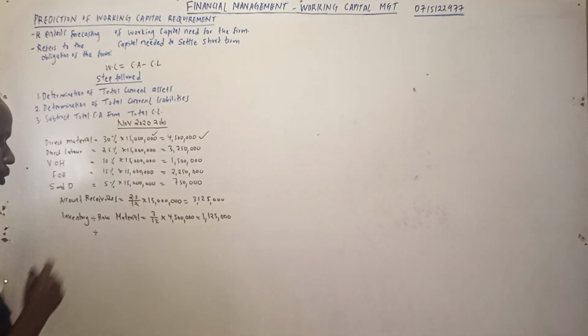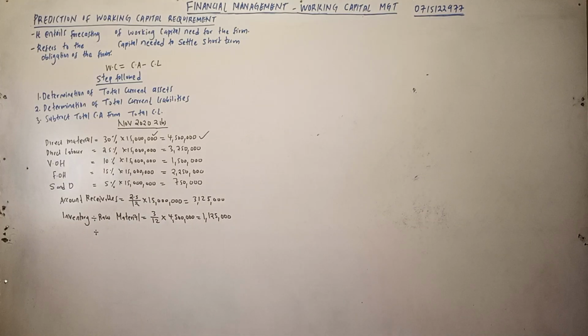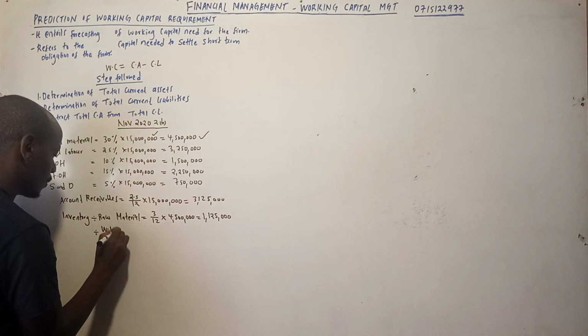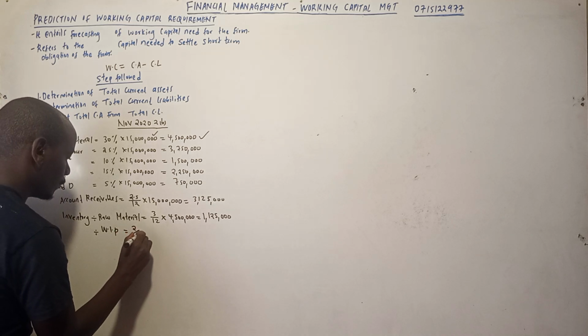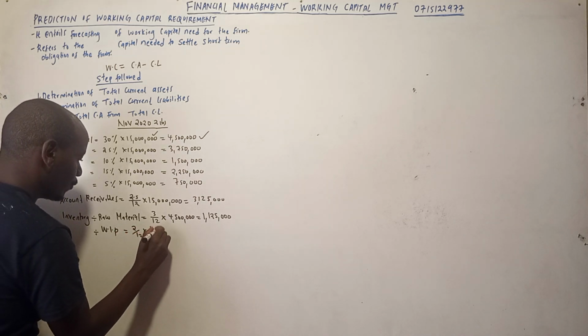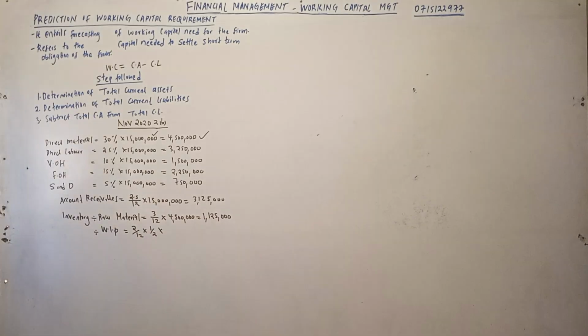Leaving raw material, the next one is work in progress, which is in the store for 2 months. So work in progress is 2 over 12, but it will be half of the cost of production, so half of the goods produced.